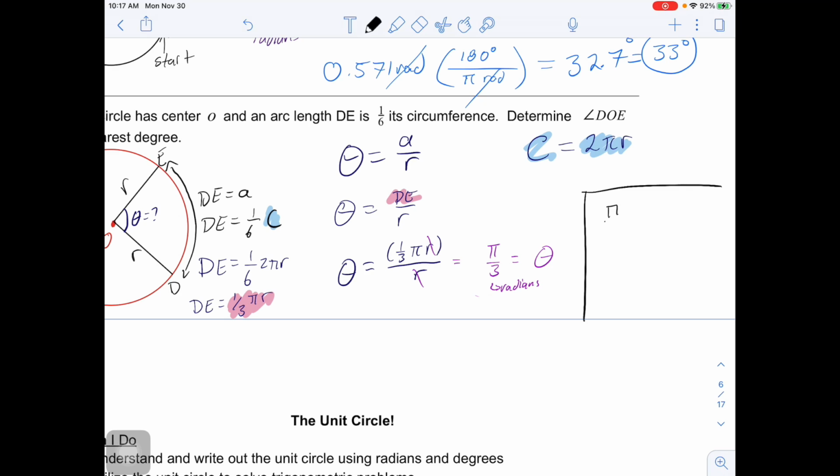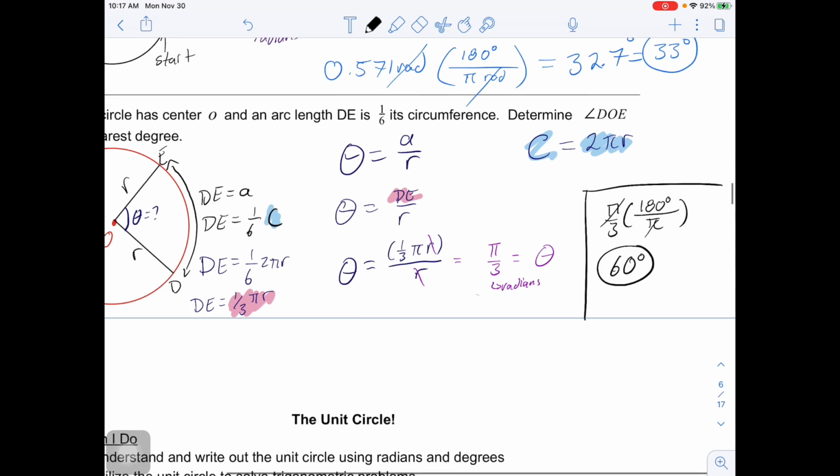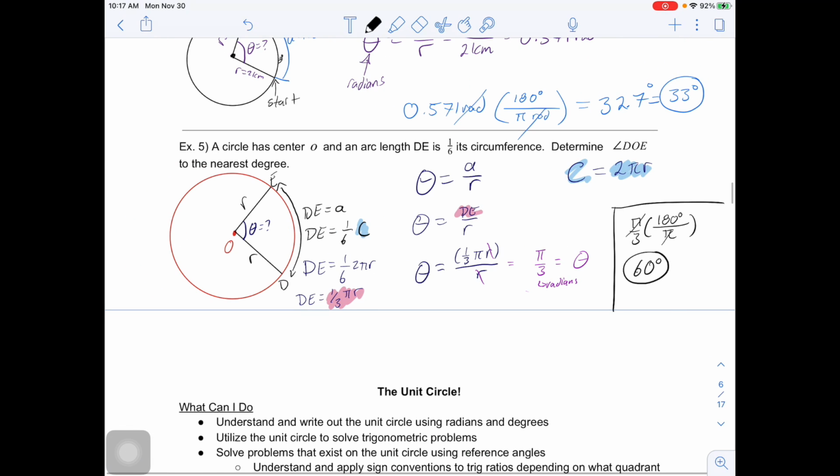So that'll be done over here. So pi over 3 times, and remember we want our radians to cancel out, so pi will be on the bottom, 180 degrees will be on top. Pi over pi cancel out, 180 divided by 3 gives us 60, so this is 60 degrees. And that is example 5.